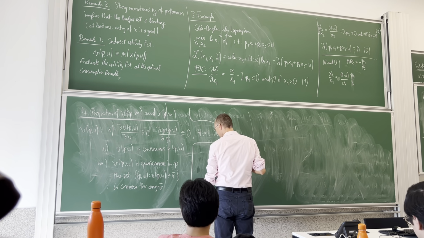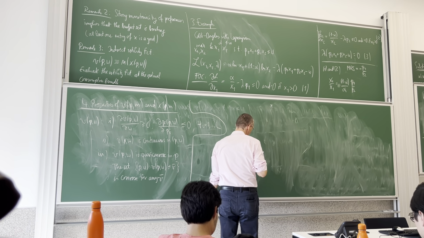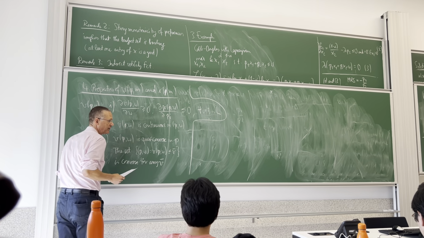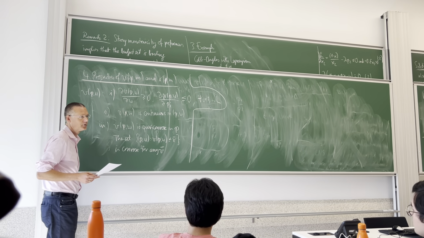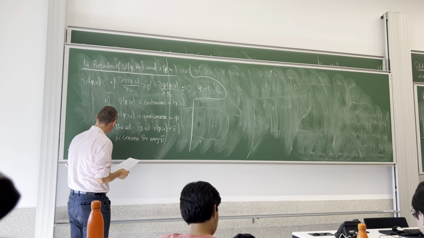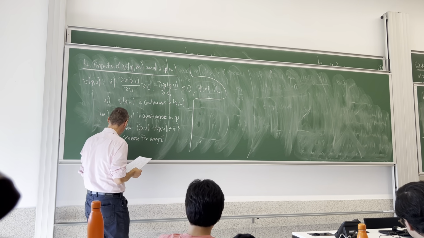And it's homogeneous of degree 0 in P, W, which means if I double all the prices and income, the consumer is as well off as before. So if I give the guy twice the prices, if I double his income, he has no change, so indirect utility is the same.